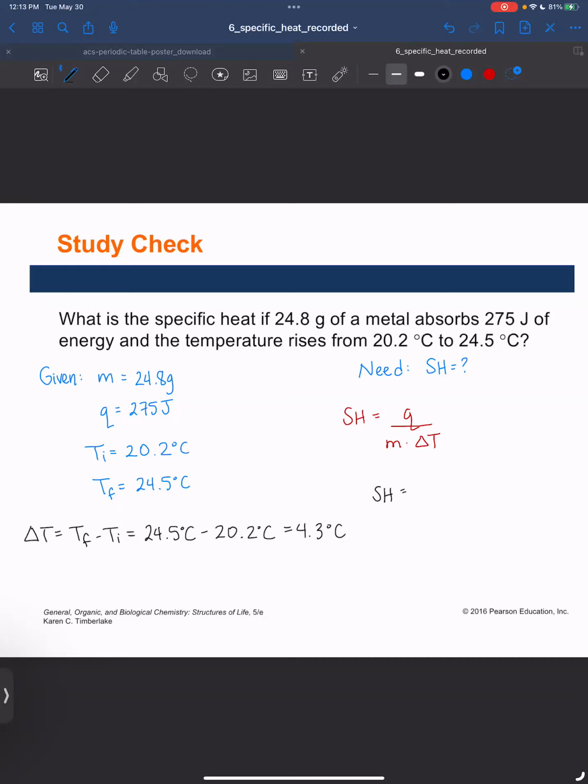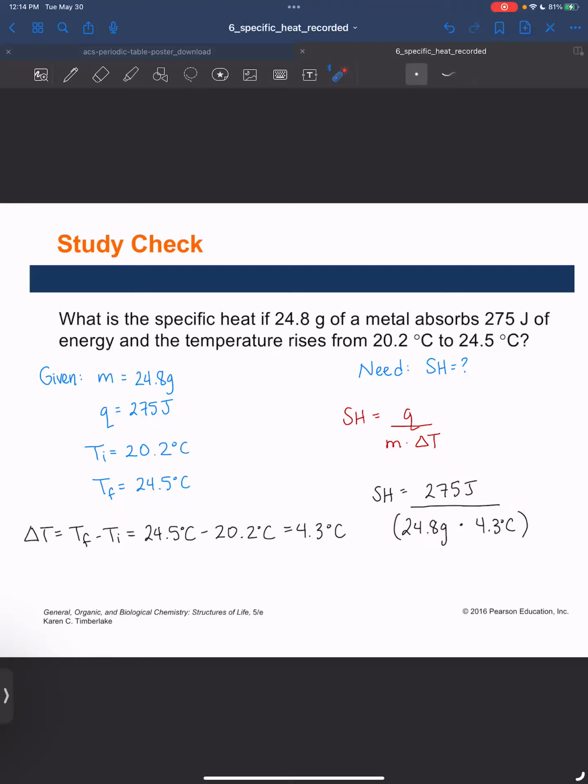Specific heat is equal to 275 joules divided by mass, 24.8 grams, times 4.3 degrees Celsius. And so when you're plugging this into your calculator, I like to put parentheses since there is multiplication in the denominator of this formula.